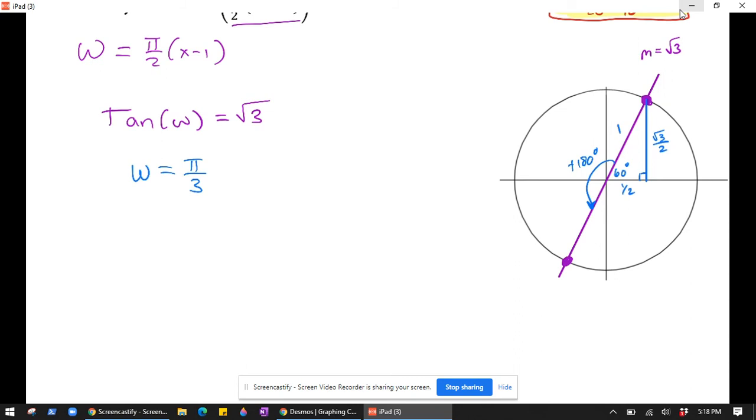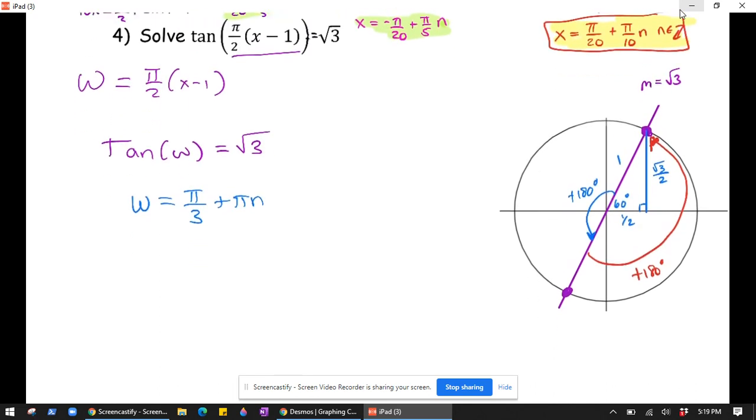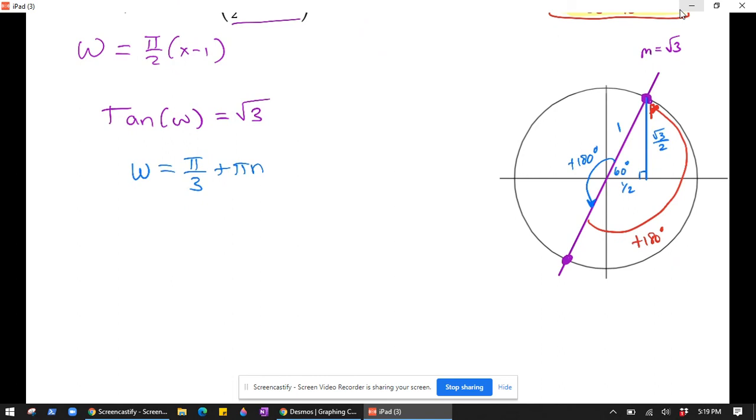Add 180 to that, you get back to an angle coterminal with that. You could just add and subtract 180, and you keep getting the family of solutions from quadrant 1 and the family of solutions from quadrant 3 alternating. So what I'm getting at here is we're just going to add pi n, and that'll produce all the solutions. Now, of course, remember w was just our temporary fill-in for pi over 2 times x minus 1.